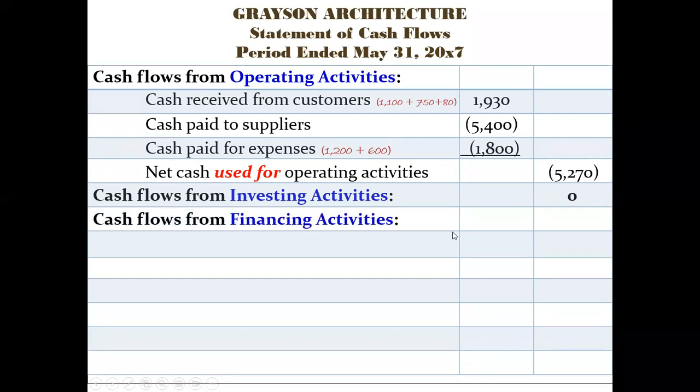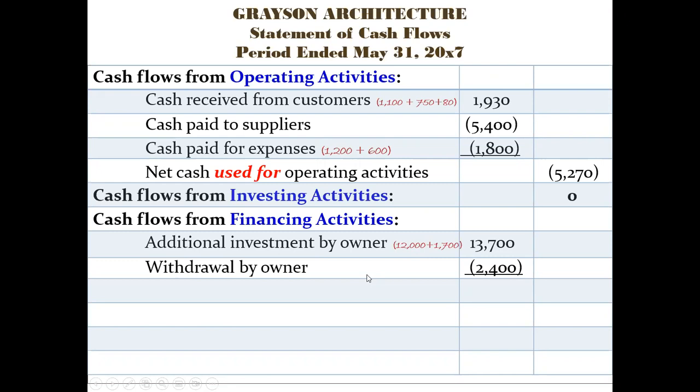So cash flows from financing activities. What were they again? We had some cash coming in from the owner. Additional investment by owner, 13,700. And the owner took out some cash. So notice here, in terms of financing activities, what came in exceeds what went out.